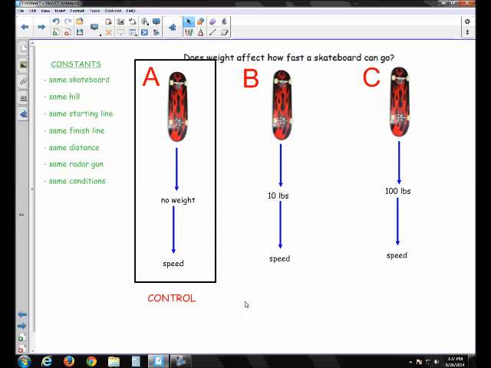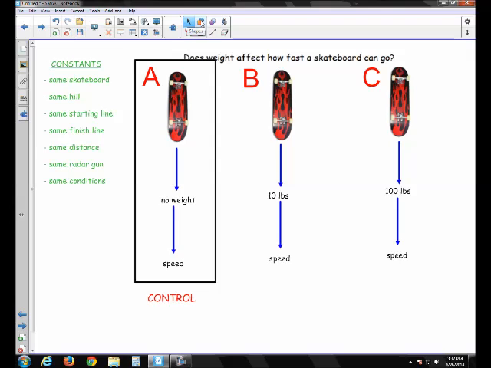Now that leaves our variables, our independent and dependent variables. For me, the way I think about it is I ask myself, what is being measured in the experiment? Sometimes it's easy to spot, sometimes it's not, but a lot of times it is easy to spot.